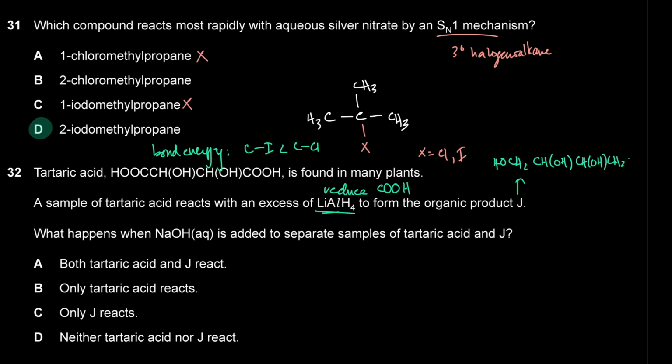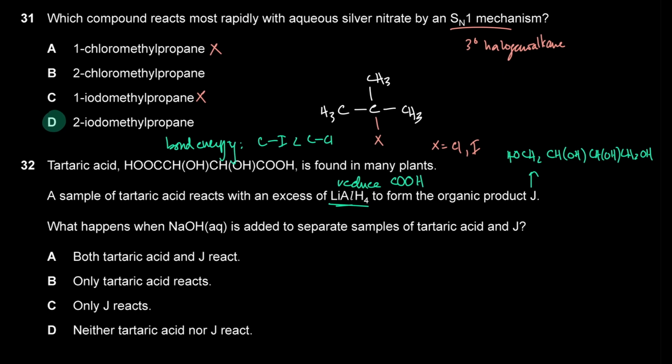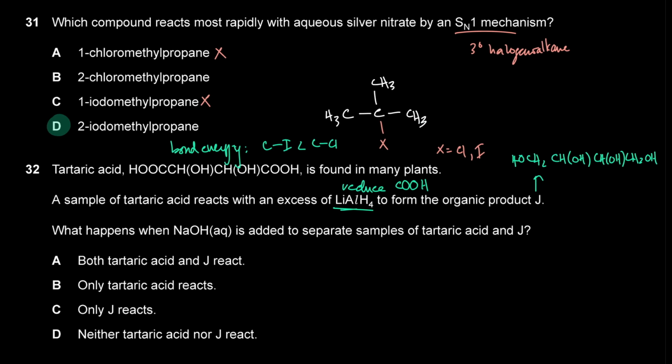So this is the product J. Now, as far as the reaction with sodium hydroxide is concerned, sodium hydroxide will react with a carboxylic acid in a neutralization reaction, because it's a base. It can react with acids, whereas J will not react with sodium hydroxide because it does not have an acid group anymore. So only tartaric acid will react.